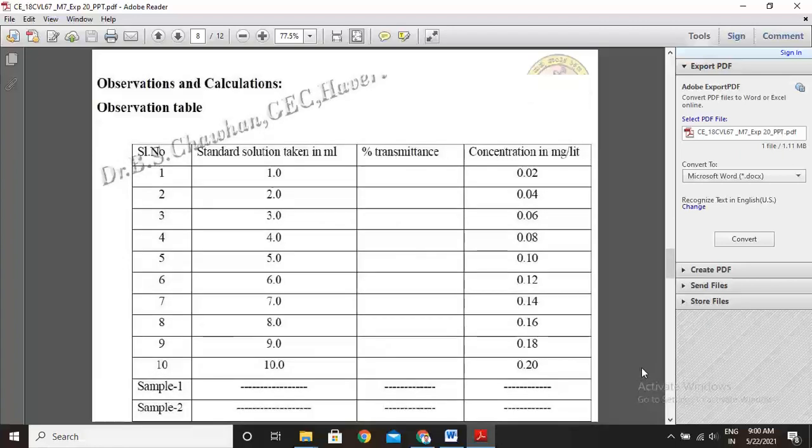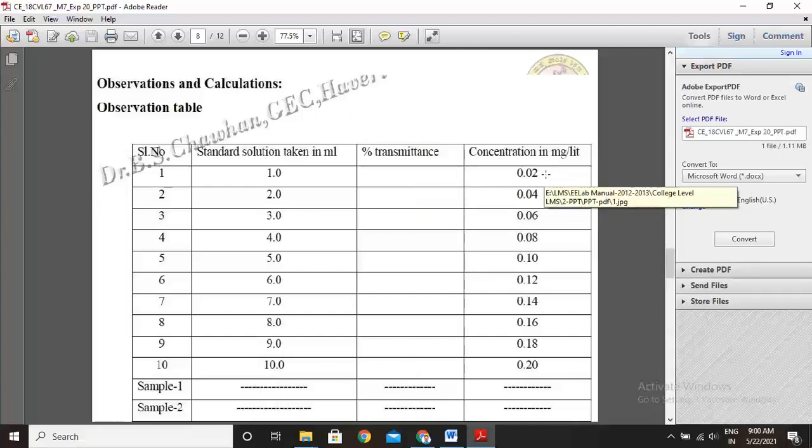Now see, these are the observations and calculations. How are we calculating? See, this is the table. Here standard solution is taken up to 10 Nessler tubes, that is 1 ml, 2 ml, 3 ml, 4 ml, 5 ml, 6 ml, 7 ml, 8 ml, 9 ml, 10 ml. We are entering the reading, percentage transmittance, and concentration in milligram per liter, which is nothing but ppm, from the graph.